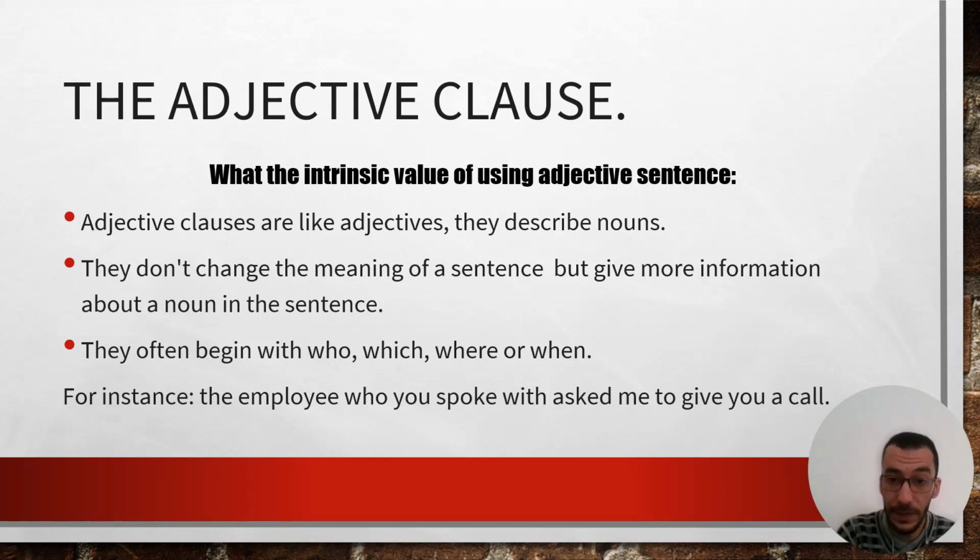For describing nouns we use adjective clauses. They don't change the meaning of a sentence but give more information about a noun in the sentence. The adjective clause gives more information about the subject. They often begin with who, which, where, or when.